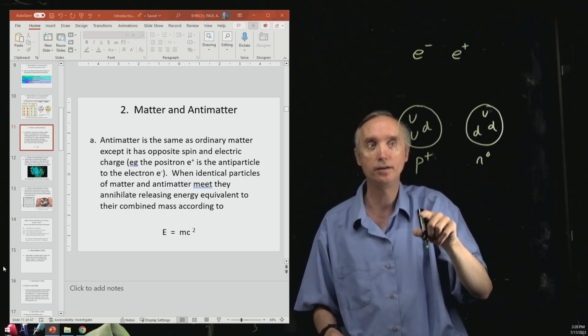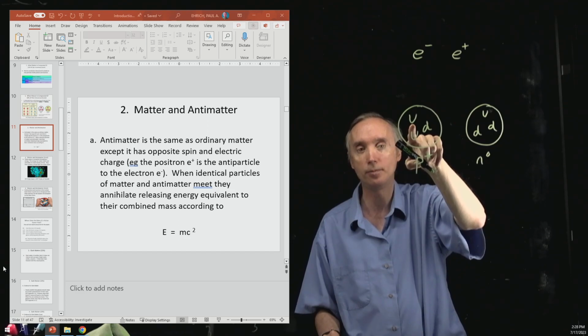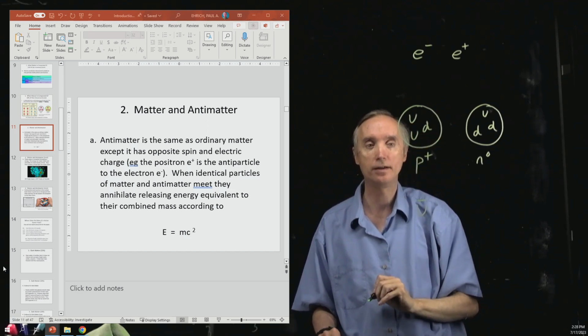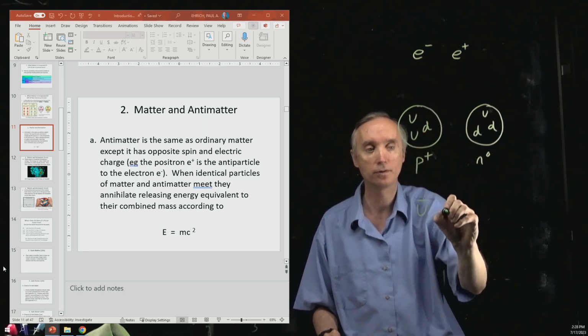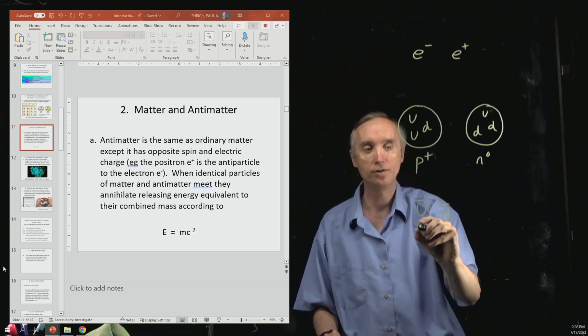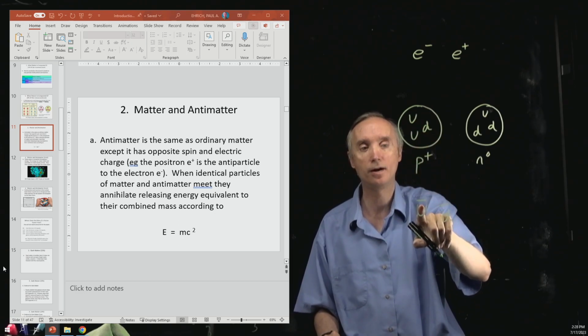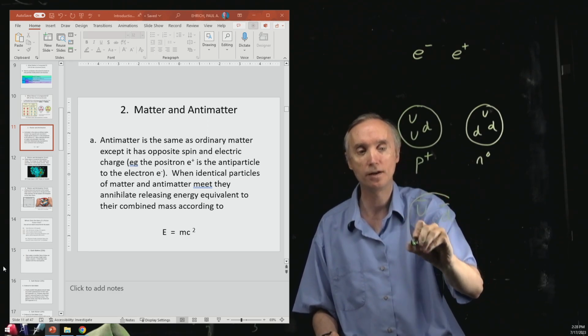In the same way, you could have the opposite of an up quark, and the antimatter one that goes with the down quark, you just put a bar over the top of it. So what do you think you would get if you took an anti-up, an anti-up, and an anti-down, and put them together?